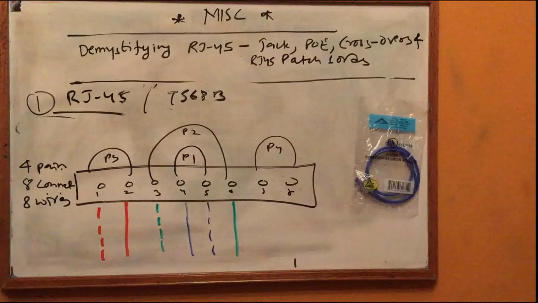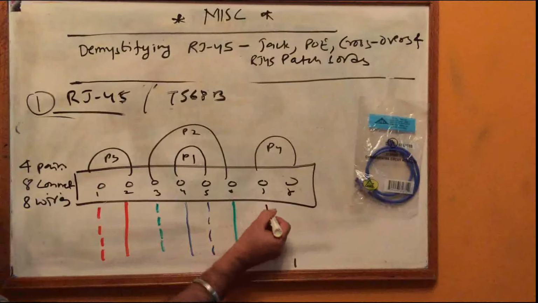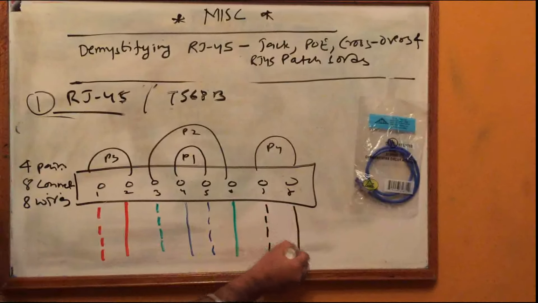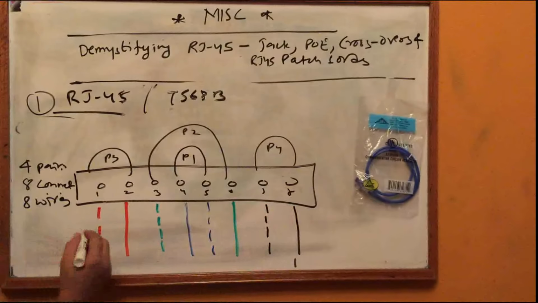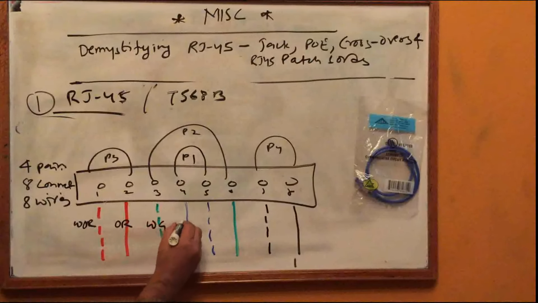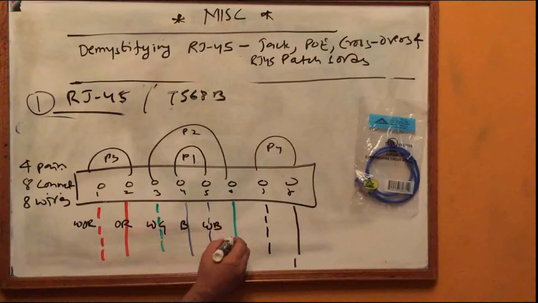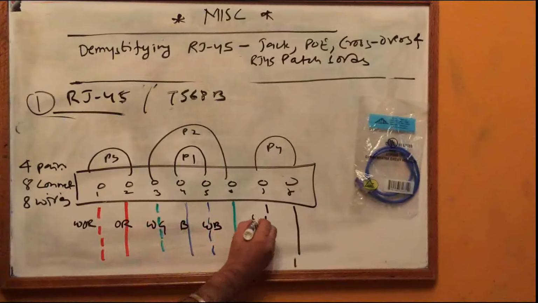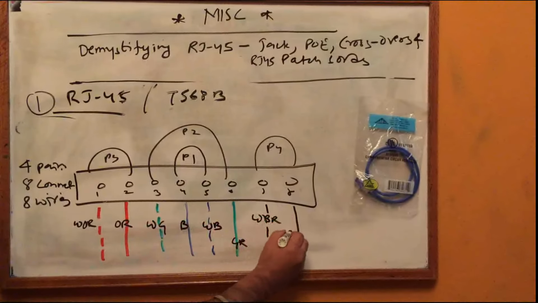And again the same norm we were saying, brown, white and brown. Let's name them: white orange, orange, white green, blue, white blue, green, white brown and brown.